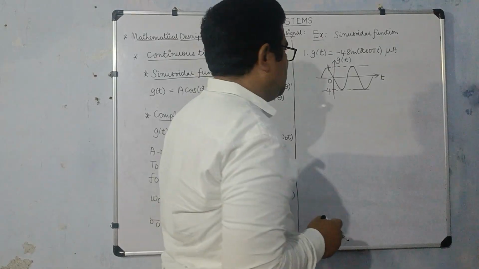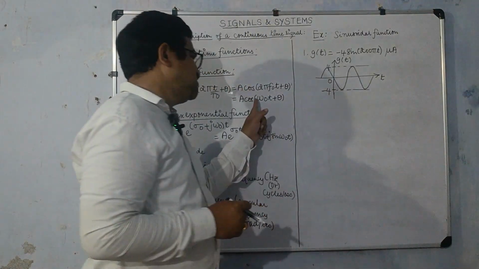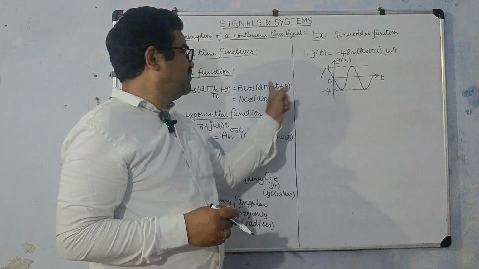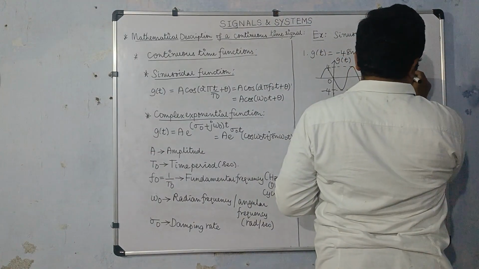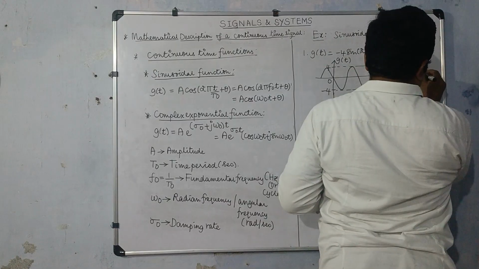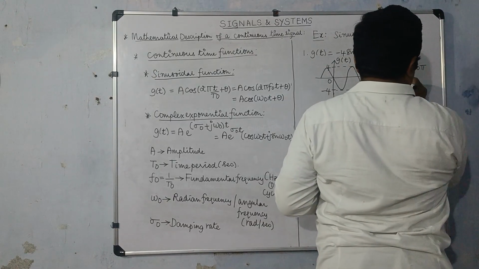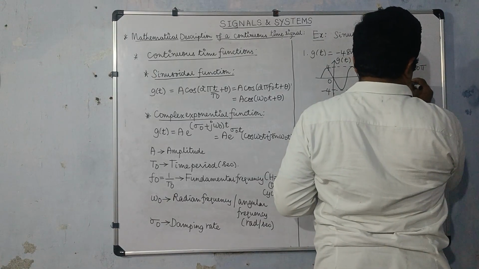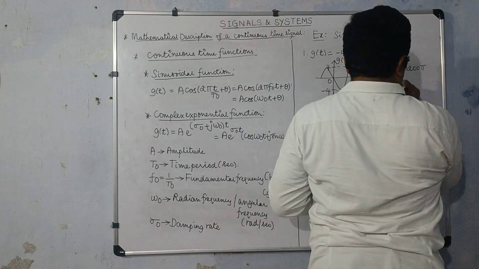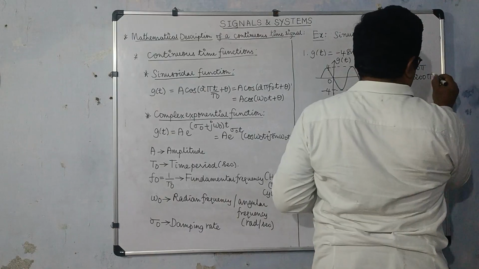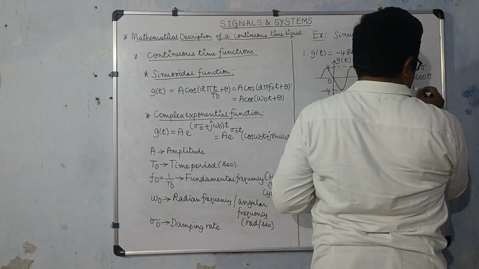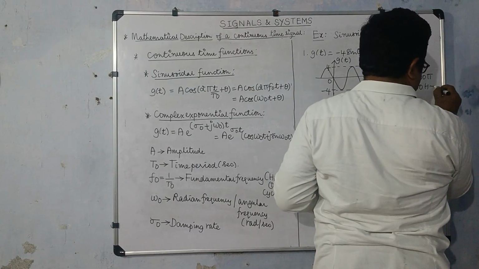Now a sinusoidal function should have some time period. So how do you determine the time period? Here in place of omega naught I have 200 pi. So my omega naught is equal to 200 pi. What is omega naught actually? 2 pi f naught. So 2 pi f naught is equal to 200 pi, or f naught is 100 Hz.